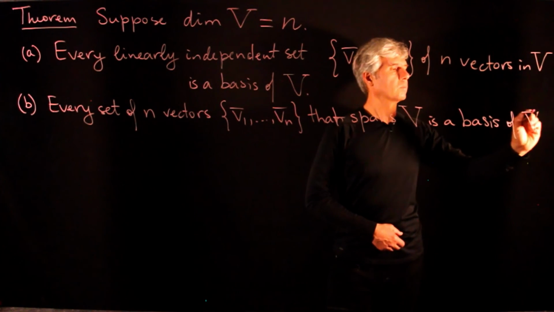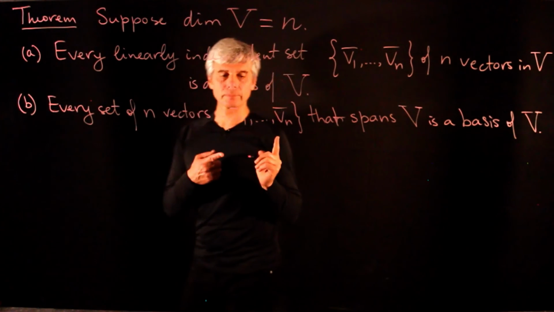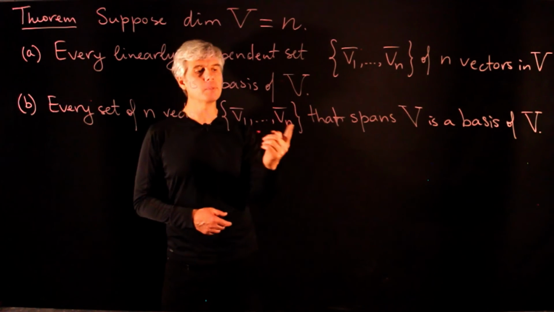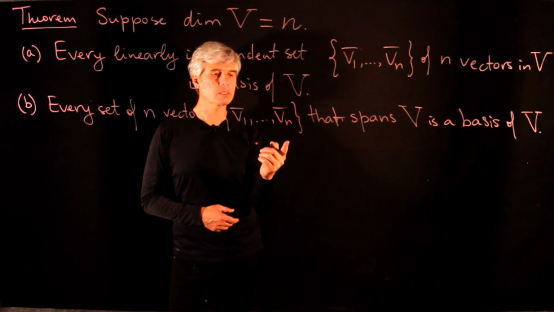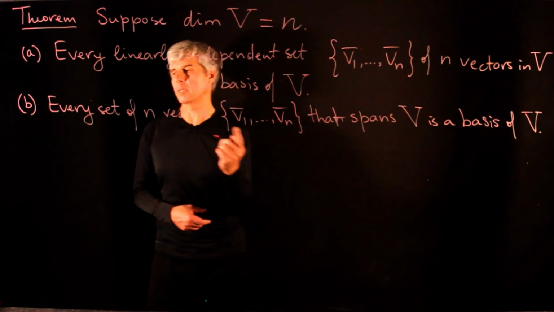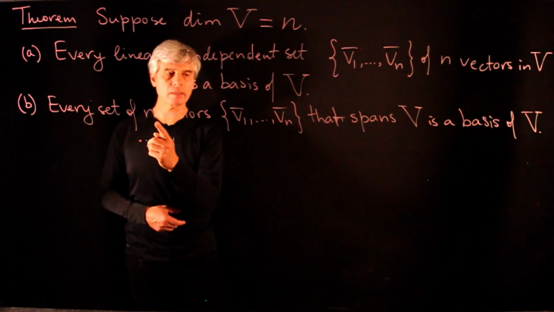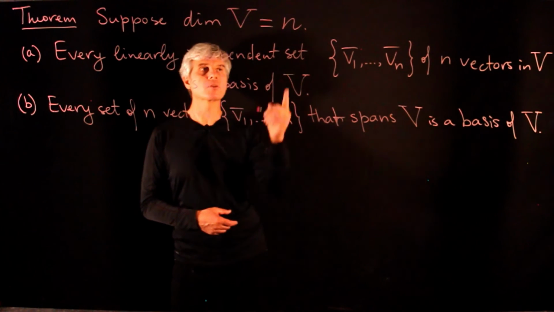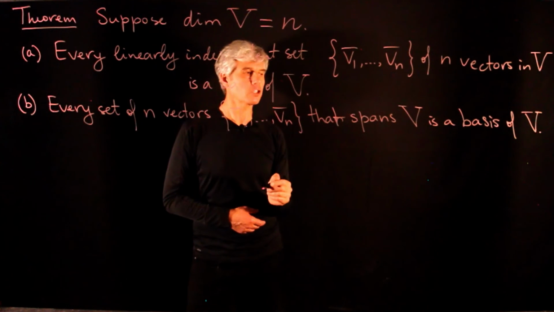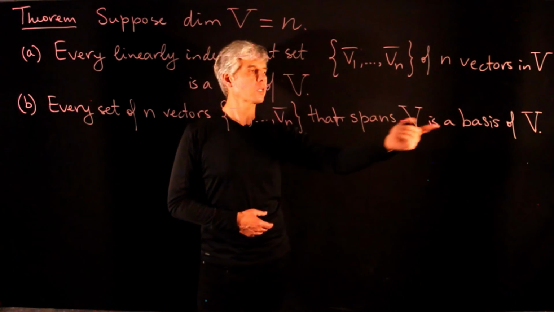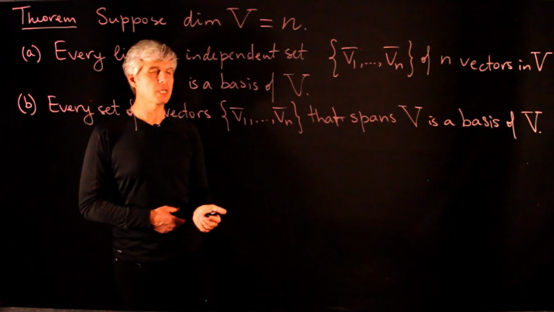So here we didn't know at the beginning whether this set is linearly independent, but we knew that it spans V, and it has the right number of vectors. So the number of vectors is equal to the dimension. Then the claim is that we have a basis.